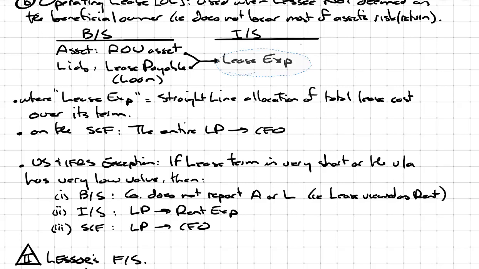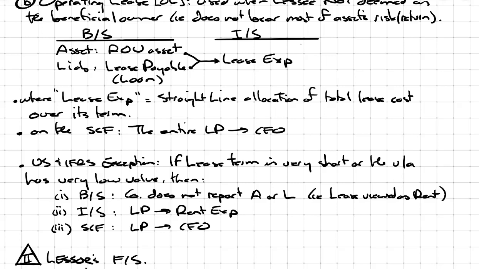However, it's the income statement that's going to look different. Rather than reporting depreciation expense on the asset and interest expense on the lease, the company would just report lease expense. And what is lease expense? Lease expense is the straight line allocation of total lease cost over its term.